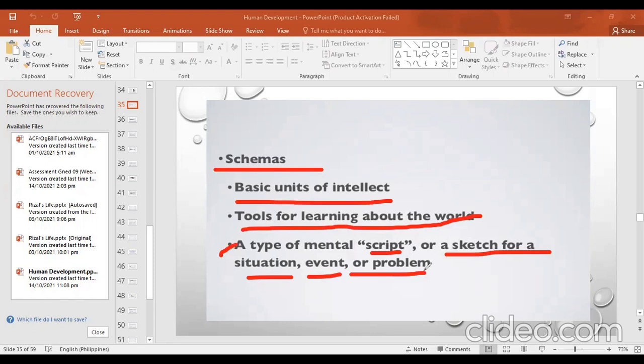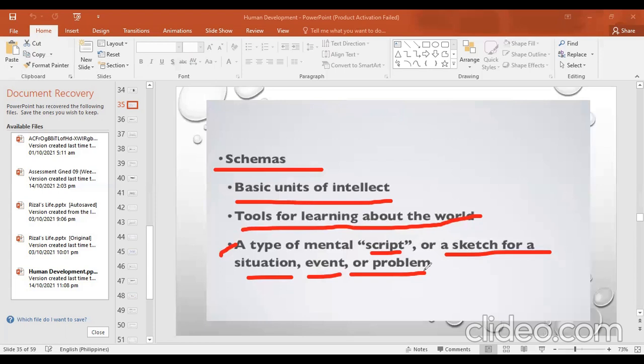Sige, magbibigay ako ng best example for this one. Halimbawa, as a child, di ba, wala pang learning, wala ka pang alam, no? Pero through your experiences, doon pa lang nag-start yung learning, yung knowledge. Now, halimbawa nakakita ka ng dog, ayan, tinanong mo kay mama mo, ano yun? Sabi ni mother mo, that is a dog.